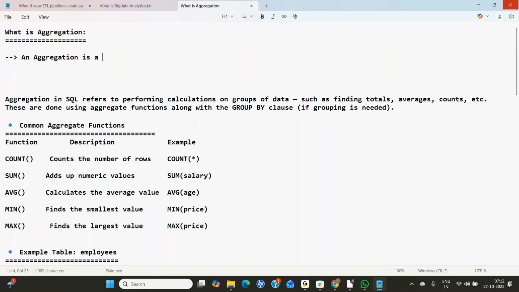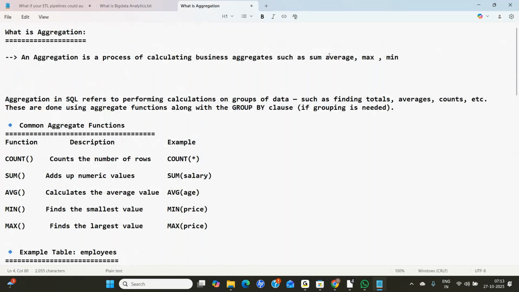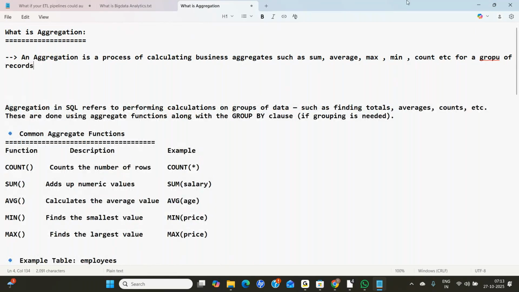An aggregation is a process of calculating business aggregates such as sum, average, max, min, count, etc., for a group of records.